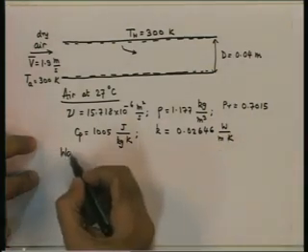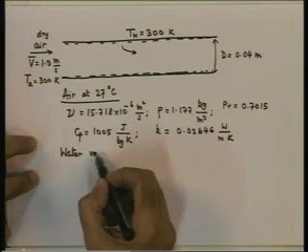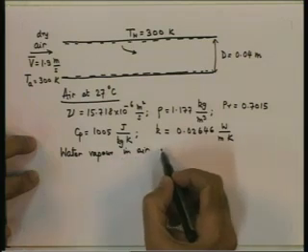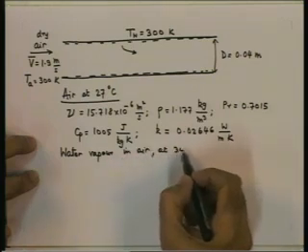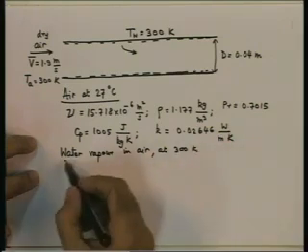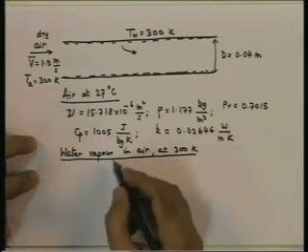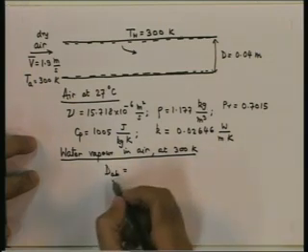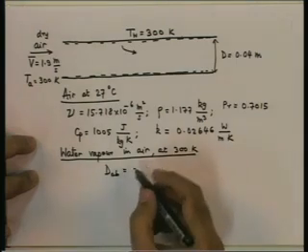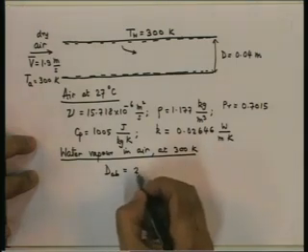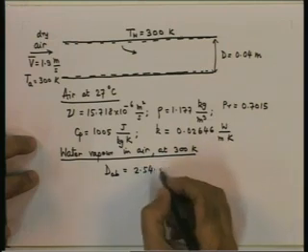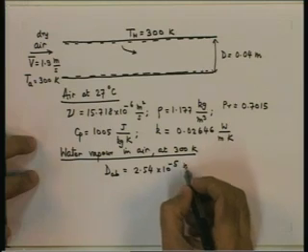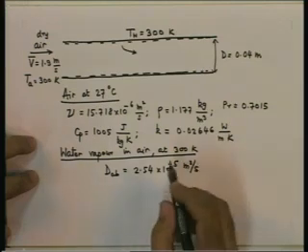For water vapor in air, at 300 Kelvin, we have DAB, where A is water vapor and B is air, 2.54 into 10 raised to minus 5 meters square per second.